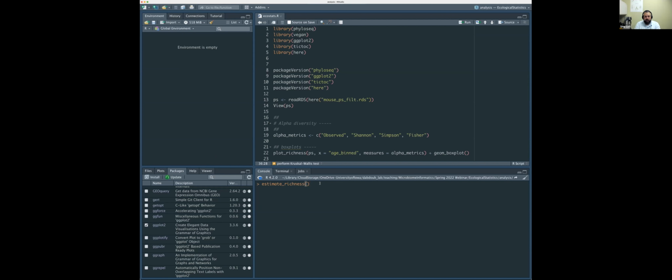Now let's say there was some other library that also implemented an estimate richness function. You would get that message about a function masking another function, which means that when I call estimate richness, it will be calling the function from package B instead of the function from package A.